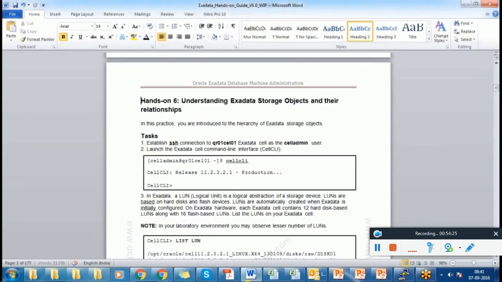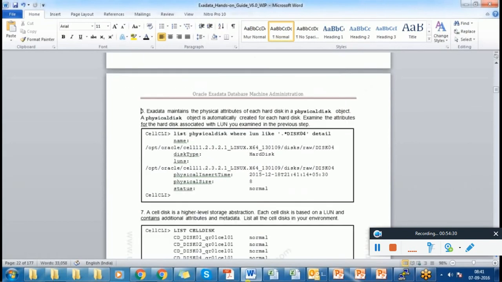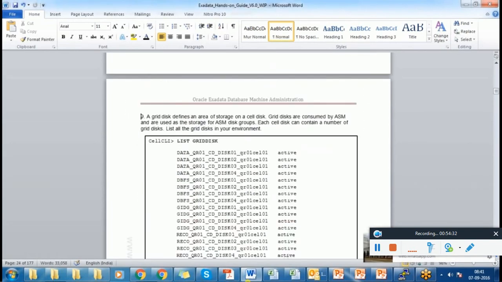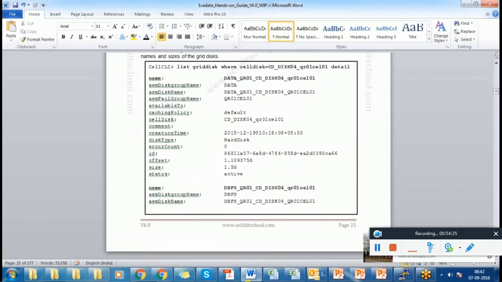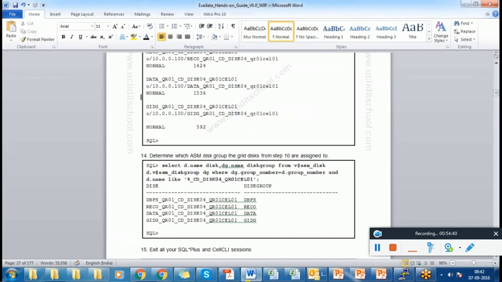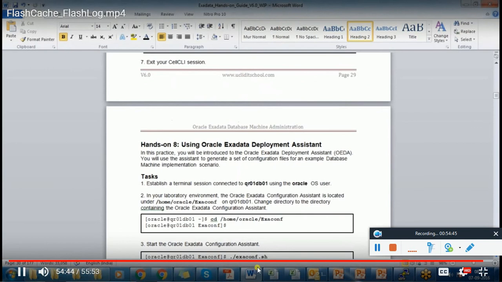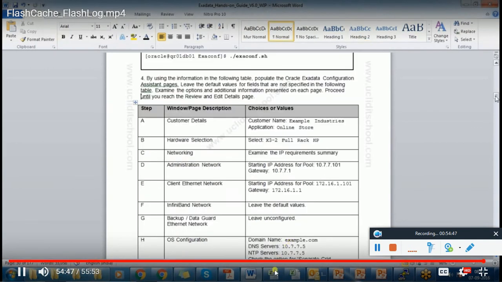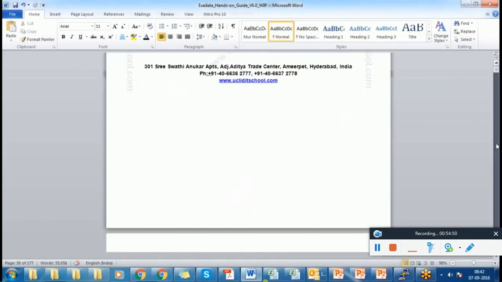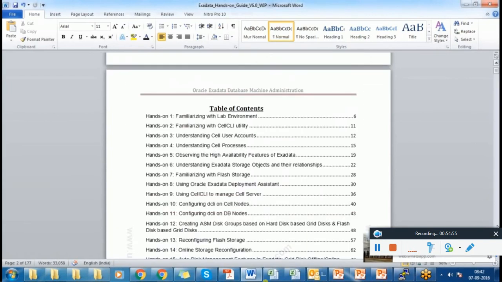Maybe here. Only the list command is there. No problem. Whatever exercises you have, you practice them and see how it works.